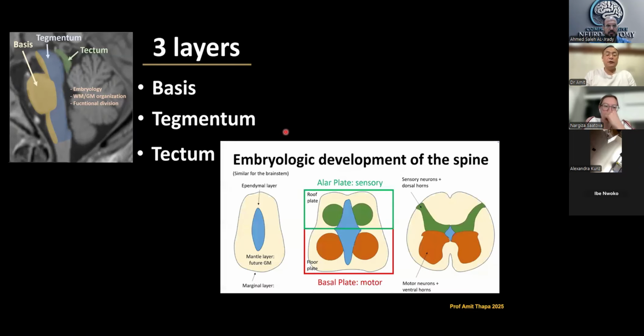Now, embryologically, if we compare it with the spinal cord development, we can find that the floor, or the basal plate, contains the motor nuclei, and the roof, or the alar plate, contains the sensory neurons, and they are connected through the ventral and dorsal horns subsequently.